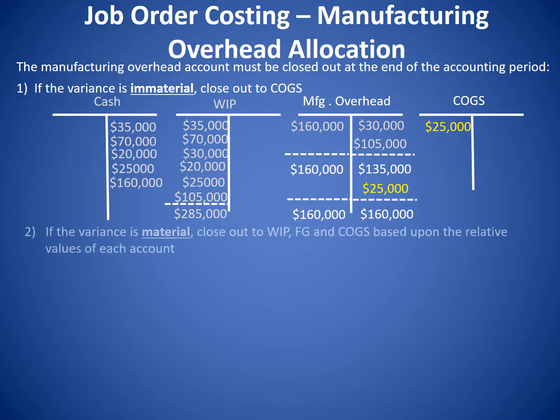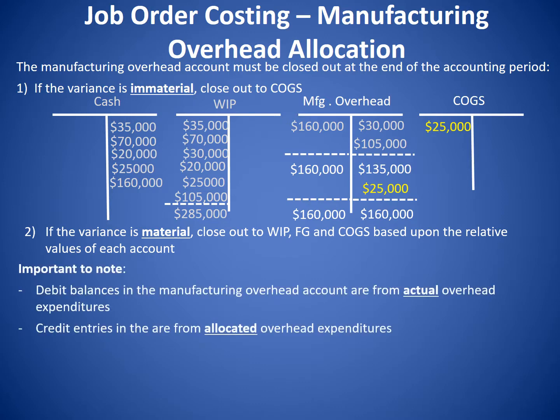However, there could be situations where the difference, in effect the variance, is material. It's a large amount in the financial statements. If that's the case, I need to allocate that difference back to my work in process, to my finished goods, and cost of goods sold based upon the relative values of each account.